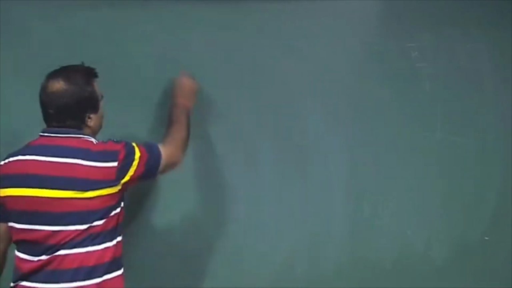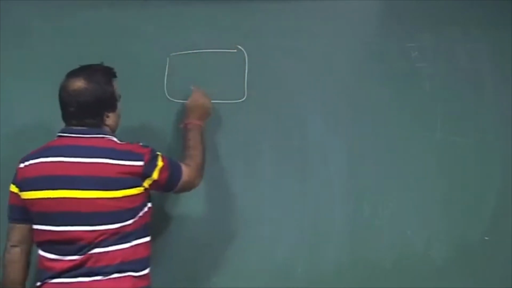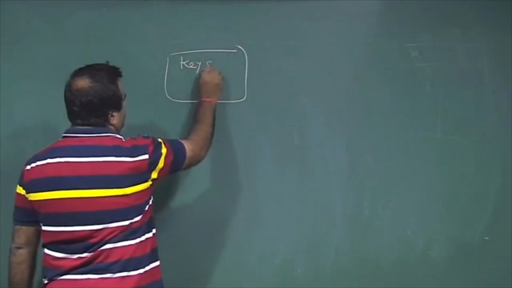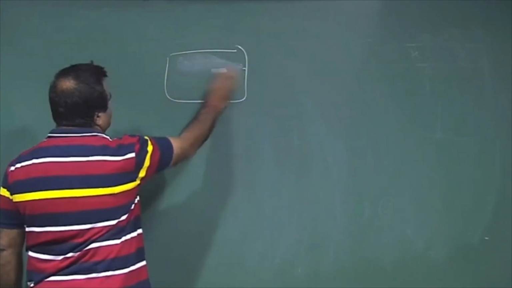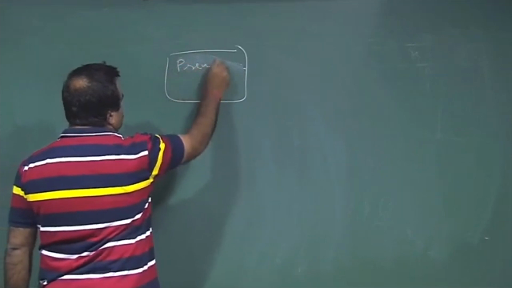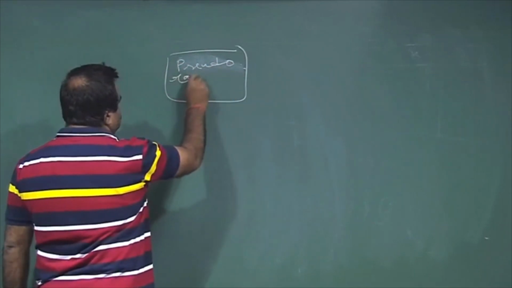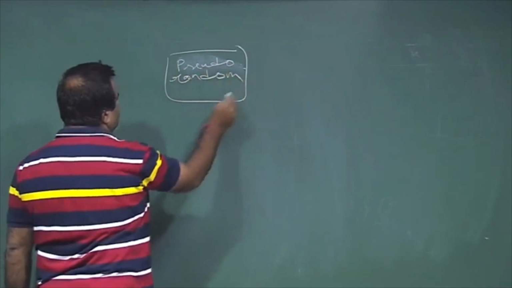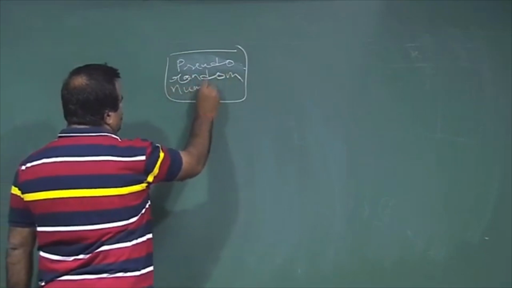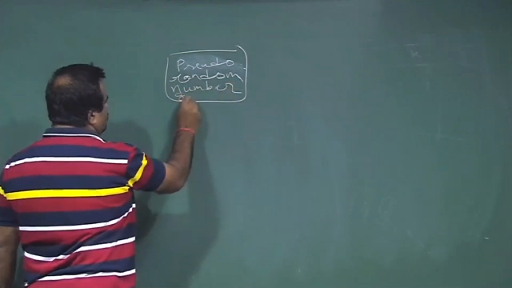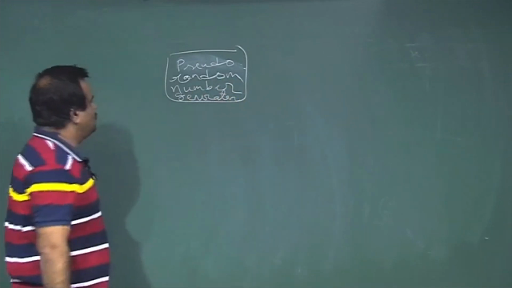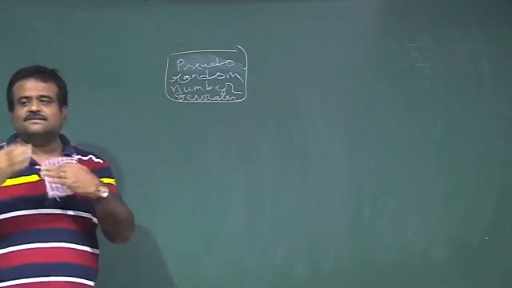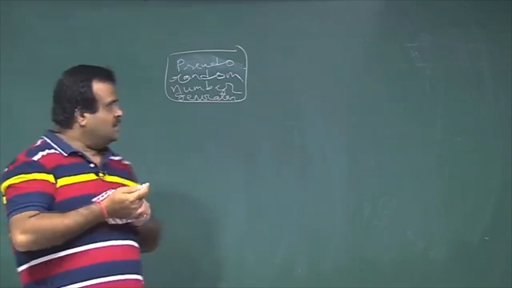So in any stream cipher, what we have is a key stream generator, or this is called a pseudo random number generator. Pseudo random number. Why pseudo? We know why pseudo, because it cannot give a truly random sequence. So that's why basically this is a finite state machine.